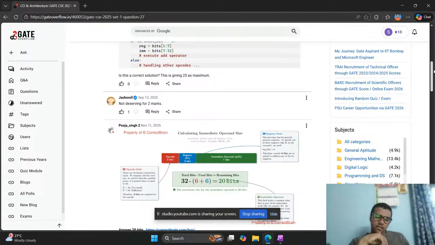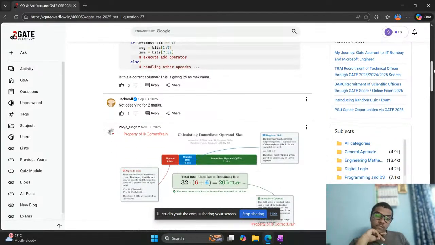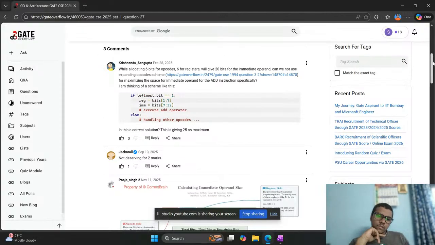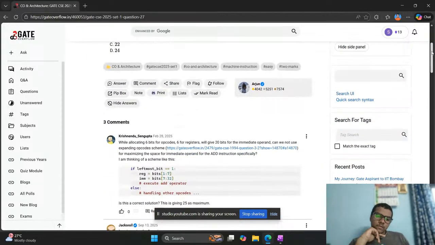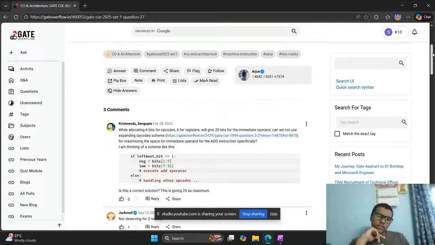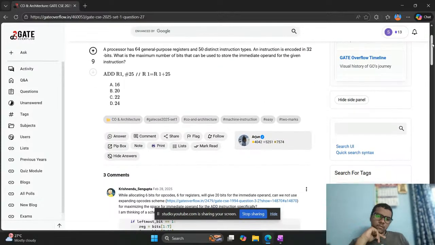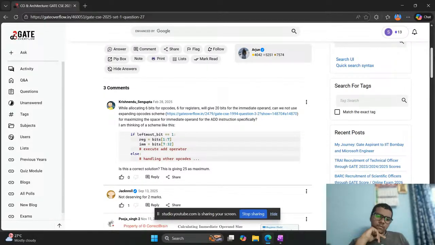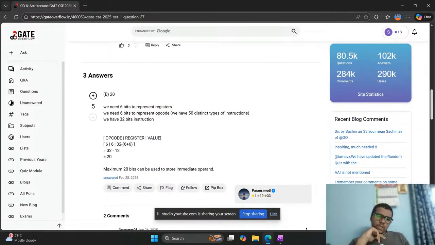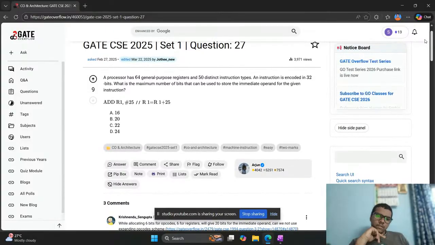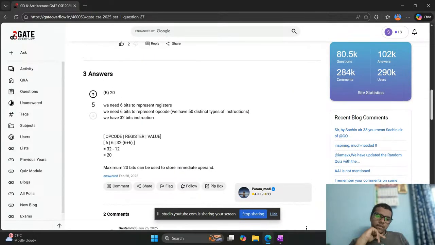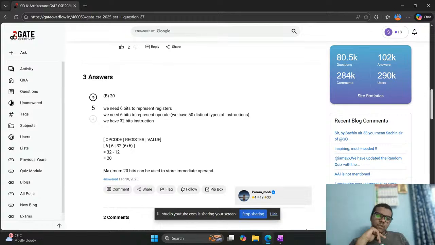Calculating immediate operand size. Allocating 6 bits for opcode, 6 for registers. We need 6 bits to represent registers, and 6 bits to represent opcode.